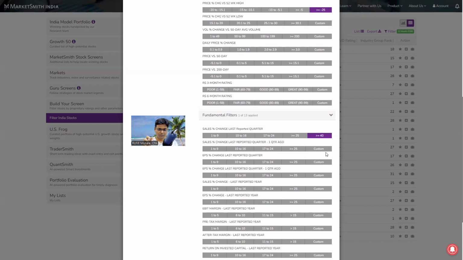So the current quarter may not be 40%, but the average of the previous two quarters could be 40%, right? Because the previous quarter is more than 40%. So you can use that method as well. But for simplicity, what I am doing is I am just putting 40% latest quarter. Just to keep things simple, not over complicating things.